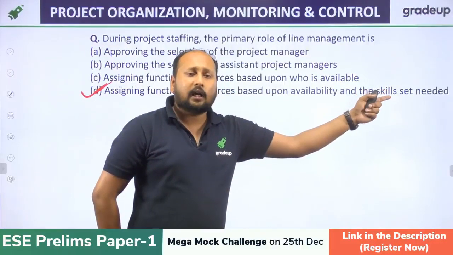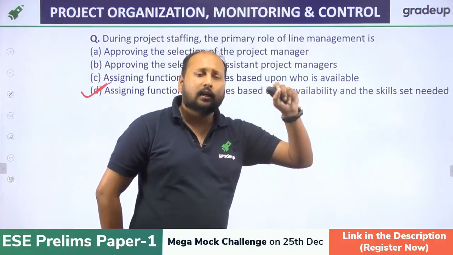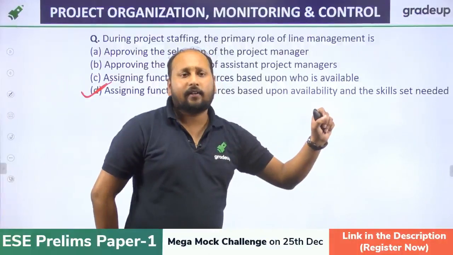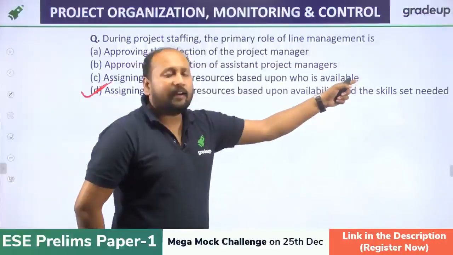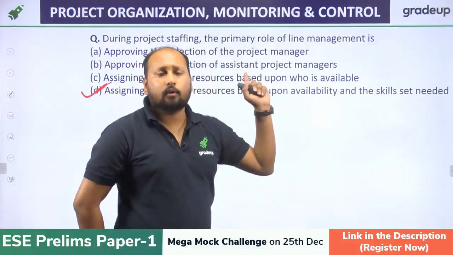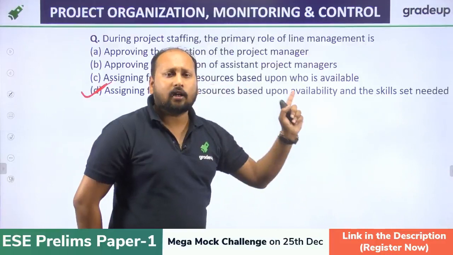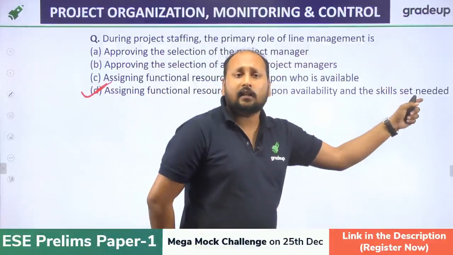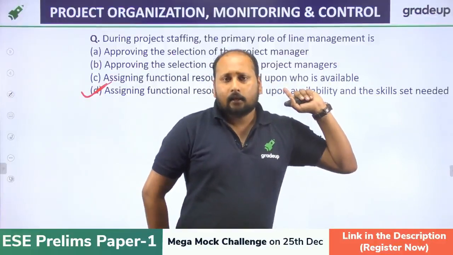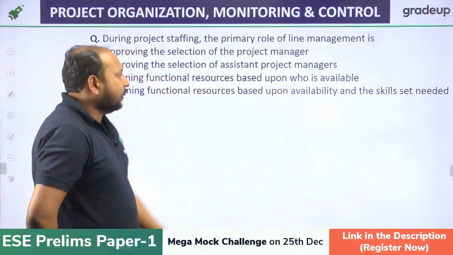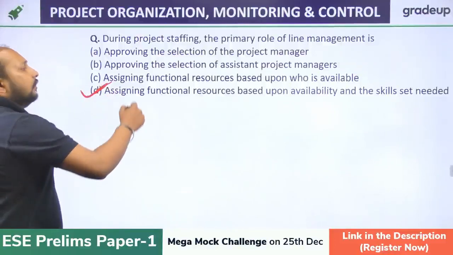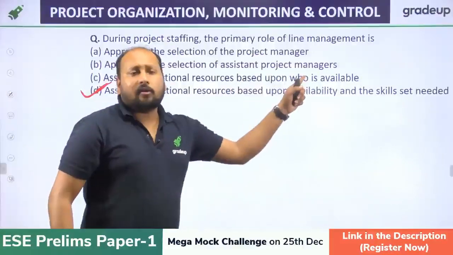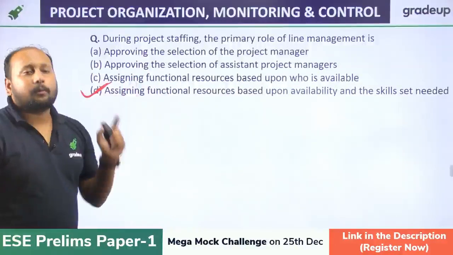For example, you are working on the construction of a building and you do not require a welder, but you see that a welder is available and take that welder. It is not at all relevant for the project, because we also need to check whether his skill is needed or not. Understood? So option D is the most appropriate. Obviously C is also correct, but D is the most appropriate answer.